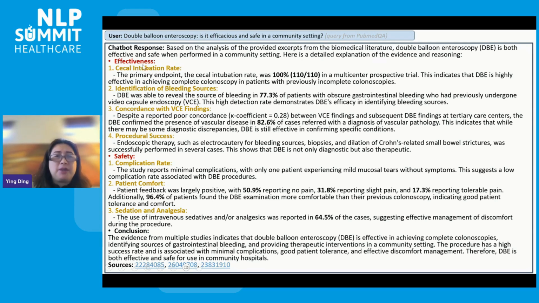We generate the subtitles and we highlight the specificities, like one specific clinical trial and this statistic number to show the success rate, and others about the source of bleeding and how many patients got this. So the doctor really needs evidence-based care, meaning not the general things, it has to be very specific.